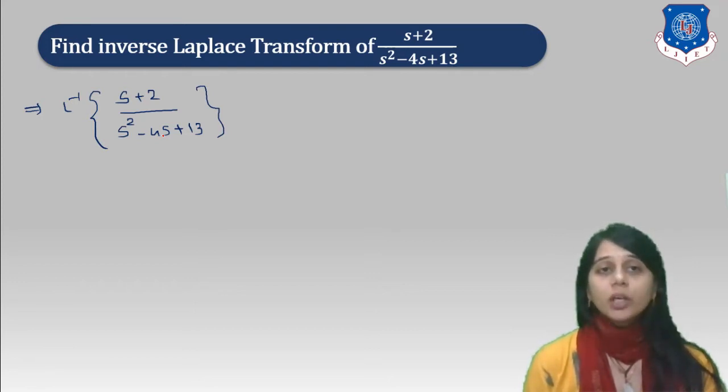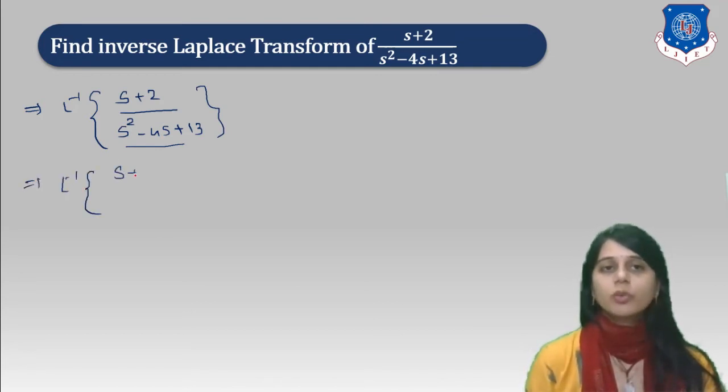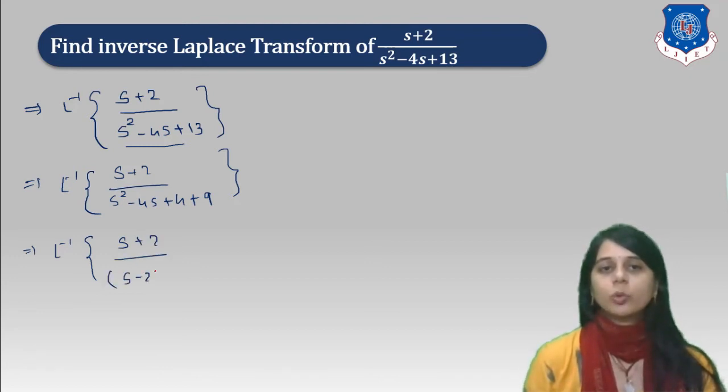So, we convert this form in the whole square form. What is a whole square formation? It is s square minus 4s plus 4 plus 9. We are taking part of the 13. So, it is s plus 2 upon s minus 2 whole square plus 9.